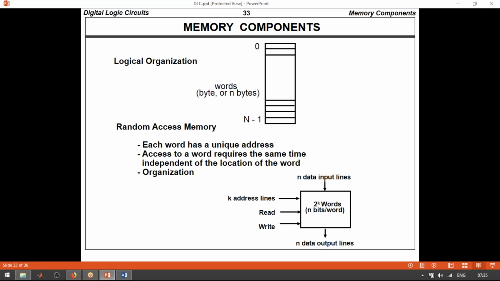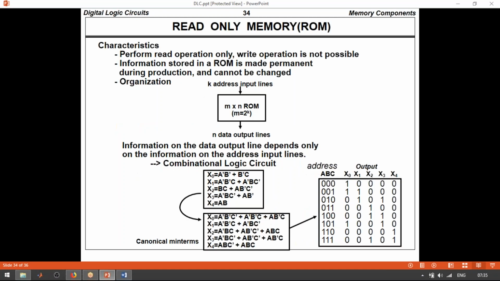So 1 KB means you have 1024 bytes, and 1 MB of memory space means 1024 into 1024 bytes. Usually 1024 is the actual memory, but for approximation we always say 1 KB or 2 KB, almost similar to 1000.